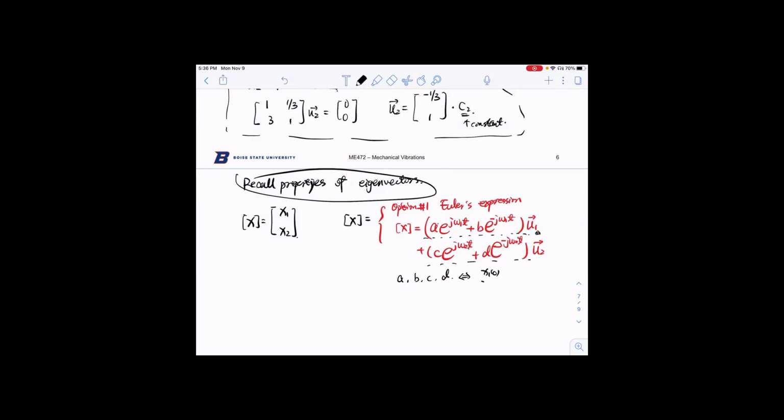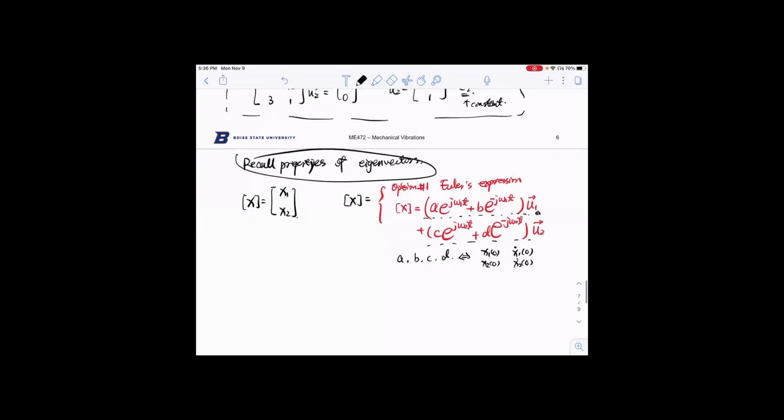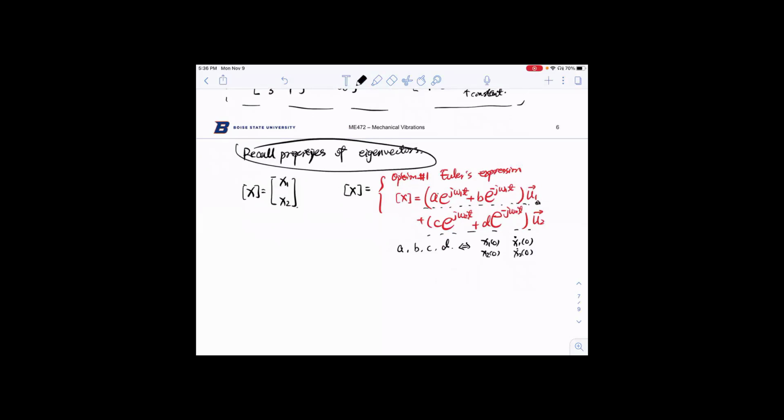Remember that you have X1 not, X2 not, X1 dot, X2 dot. For each initial displacement and each initial velocity, you get one equation. You have 4 equations in total and 4 constants to be determined. That's how you find A, B, C, and D. If you don't like Euler's expression, you can also use option number 2.